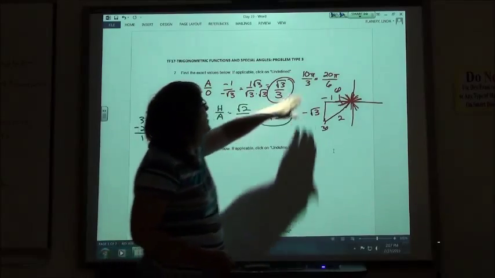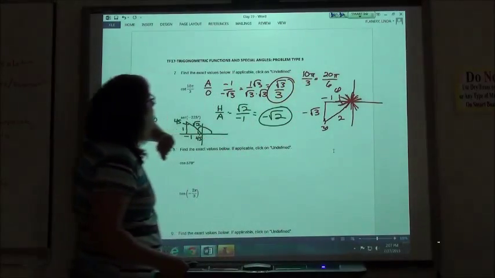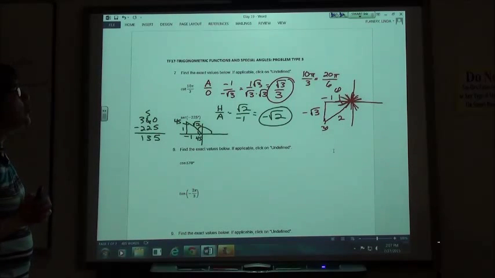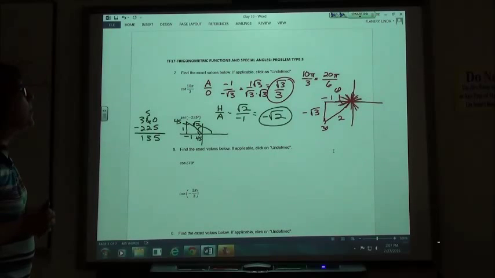Now you might have wanted to, on this top one here, figured out what it was equal to by subtracting 2 pi from it until you got something between 0 and 2 pi, and then you wouldn't have to count around so many times.